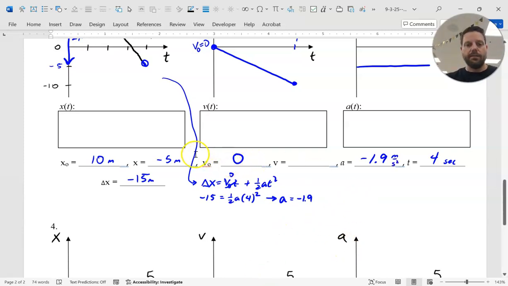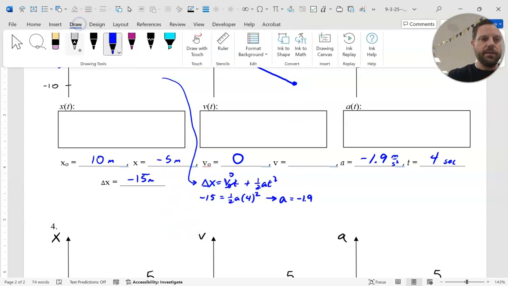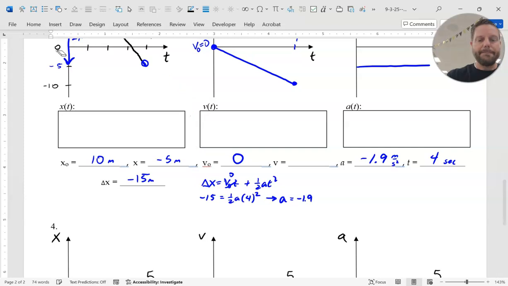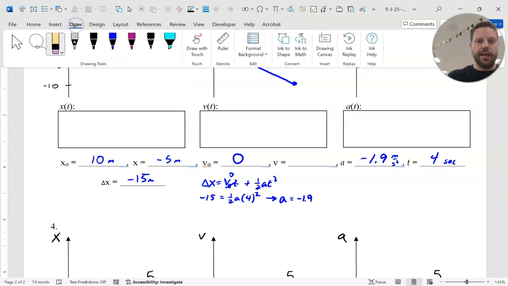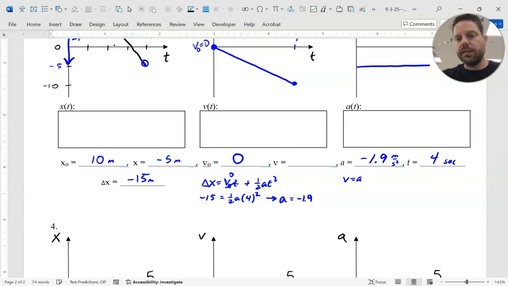Now, I can very easily go to any of those equations that we have that have V in it and solve for the ending speed V. So really any of those equations, so for example, this seems to be probably the easiest one because there's no squares or anything, then I can solve for V by doing -1.9 times 4 plus 0.